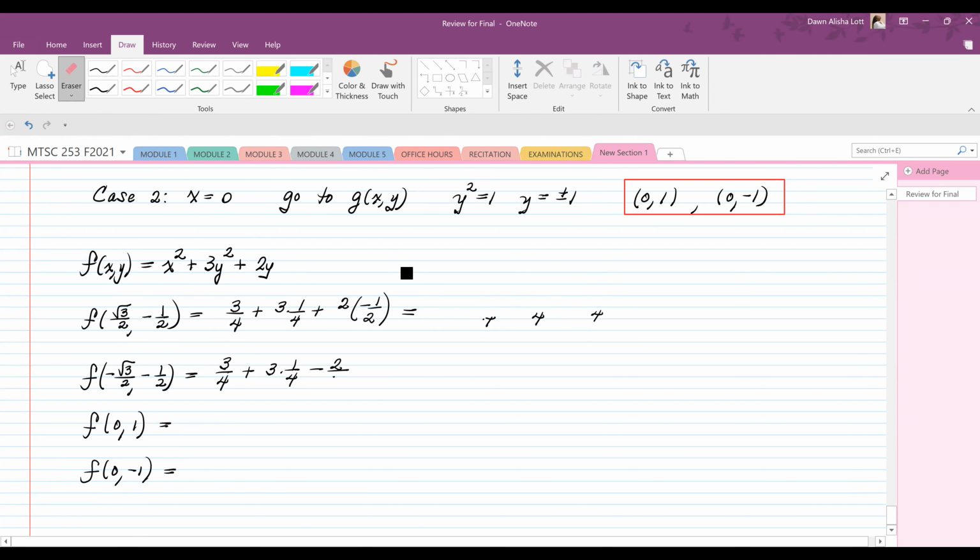All right, so 3/4. So let's get this right. We already have 3/4, so 3/4 plus 3/4 minus 1. So that's 1/2. Right? Yes. The second one's going to be the same thing.